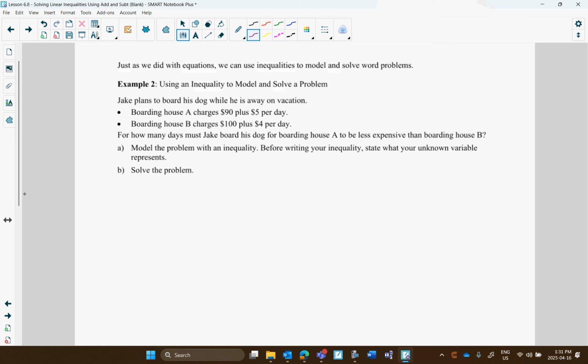So Jake plans to board his dog while he's away on vacation. The first boarding house charges $90 plus $5 every day. Boarding house B charges $100 plus only $4 per day. How many days must Jake board his dog for boarding house A to be less expensive than B?